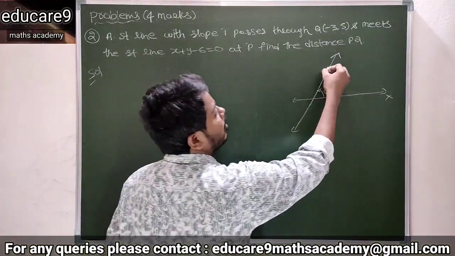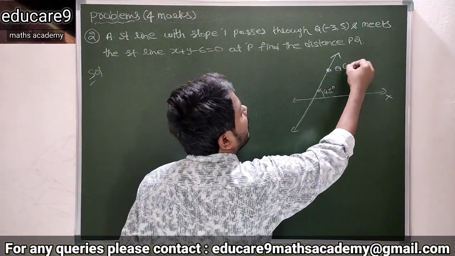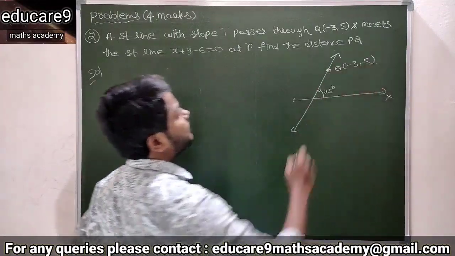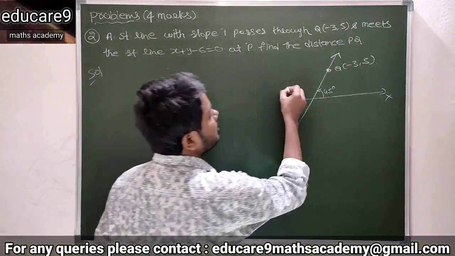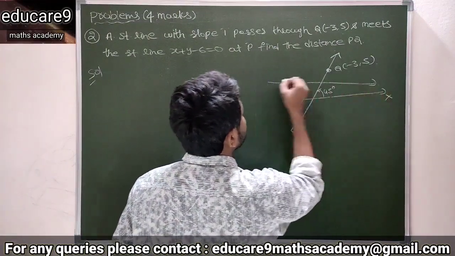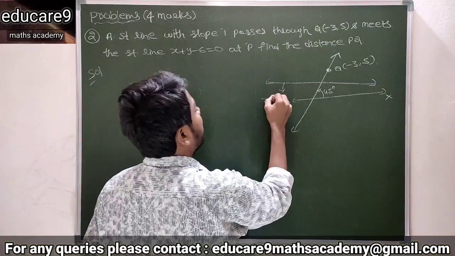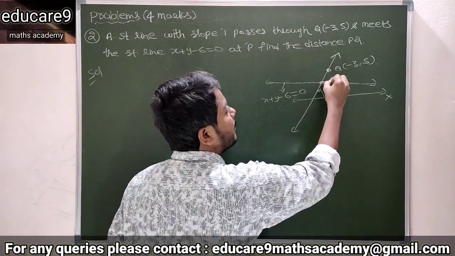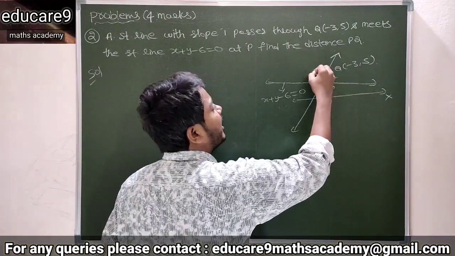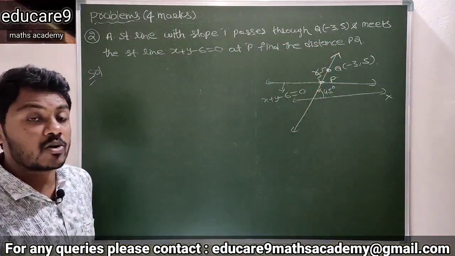This line passes through the point Q(-3, 5) and meets the straight line x + y - 6 = 0 at P. You need to find the distance PQ, that is r.